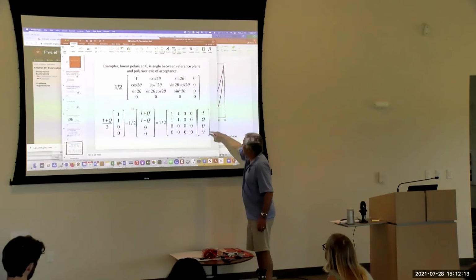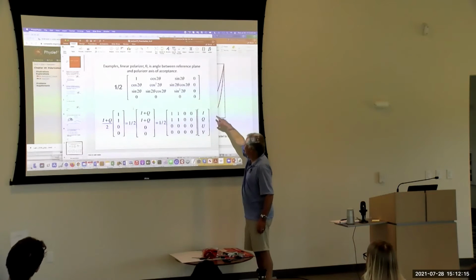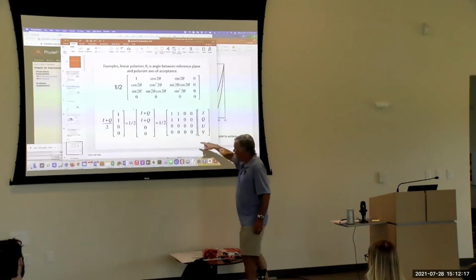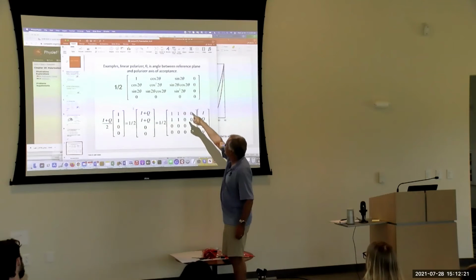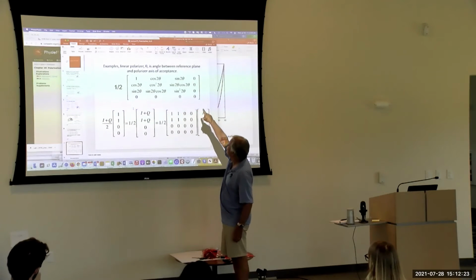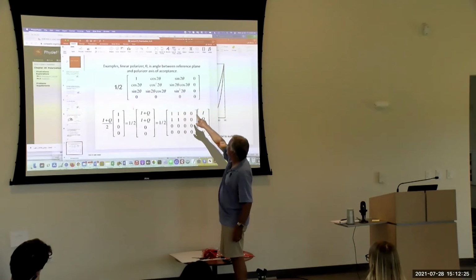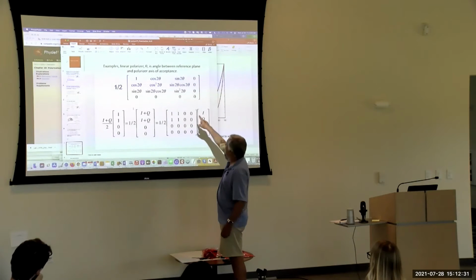If you start with incoming light in an arbitrary state, and I set up the polarizer so that theta is equal to 0, I'll get a 1, 1, 0, 1, 1, 0, because the sine of 2 theta is 0, and zeros for that third row.